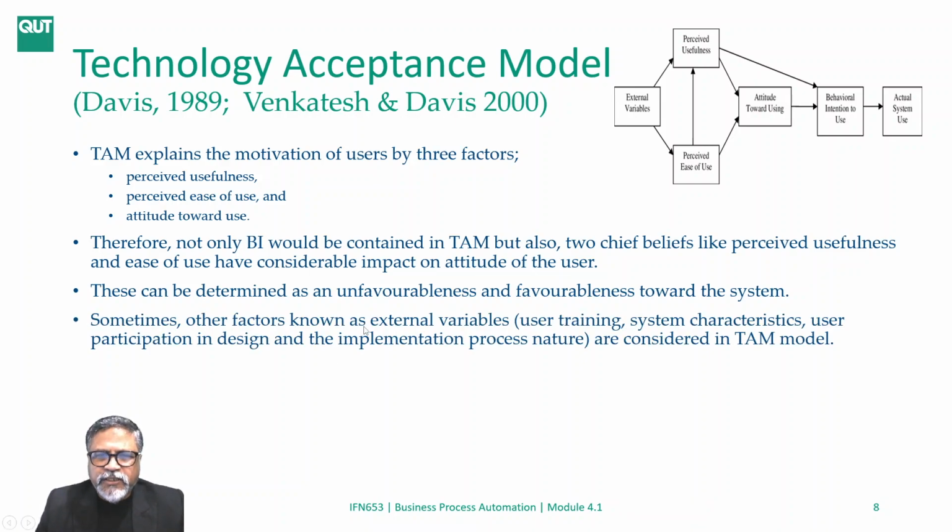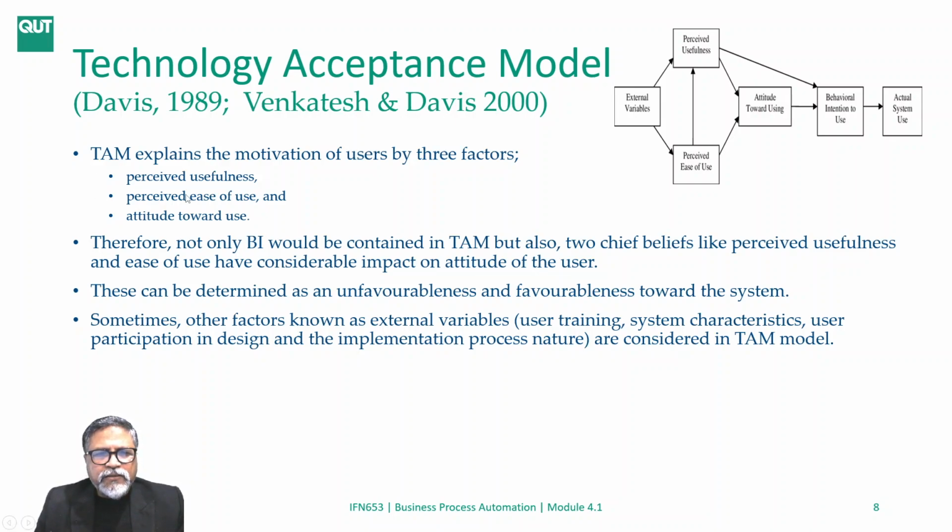So we discussed external variables like user training, system characteristics, user participation in design and implementation process; these are considered in the technology acceptance model. And this is an important point because if you look at current software development methodologies like Agile and DSDM, they are heavily focused on user participation, joint application development, and of course joint implementation of the project, which are pretty much dominant concepts in automation projects as well, right?